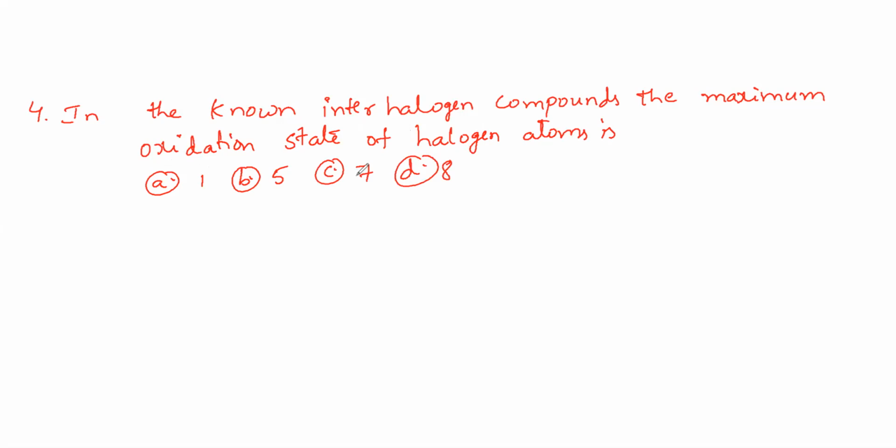The maximum oxidation state of a halogen atom is 7, because it can give all 7 electrons. So the answer is C. It is very simple to understand.